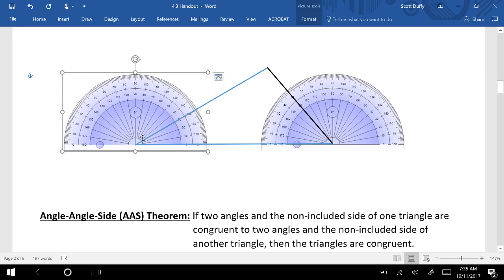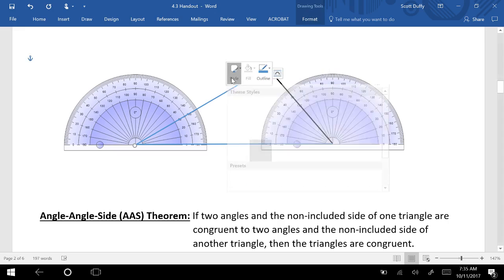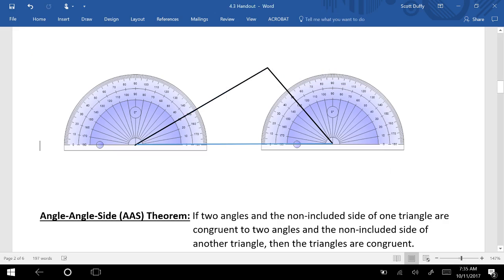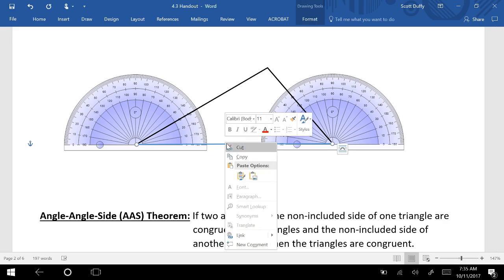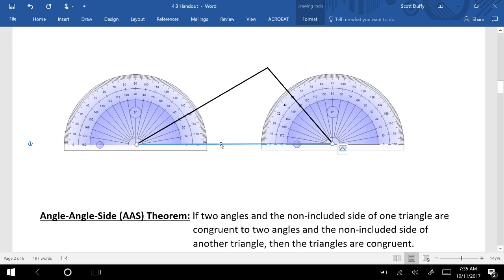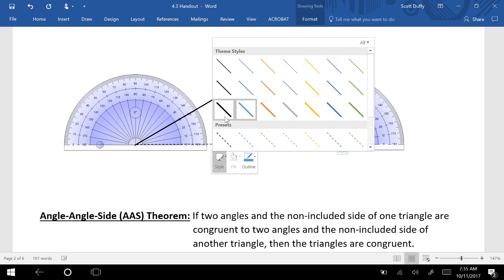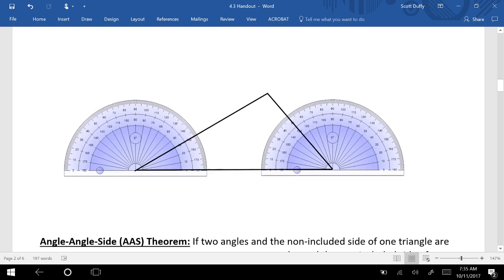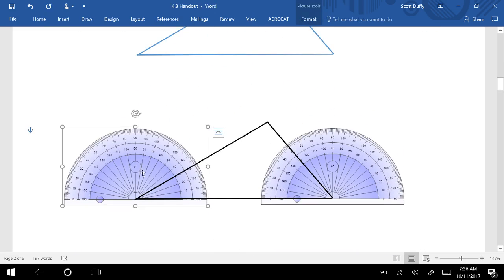And sure enough, we have 30 degrees right there. So I'm going to make these both black. And that's what I get.